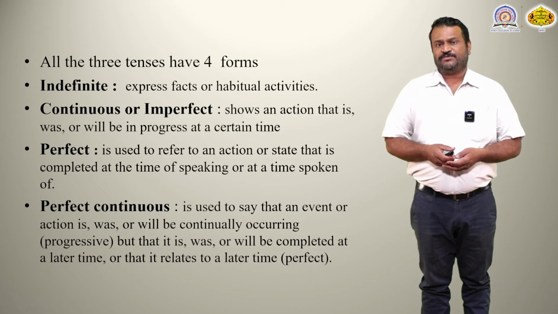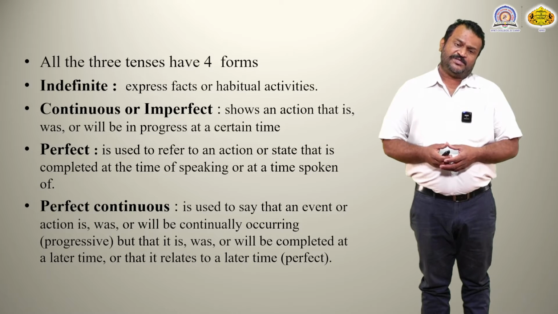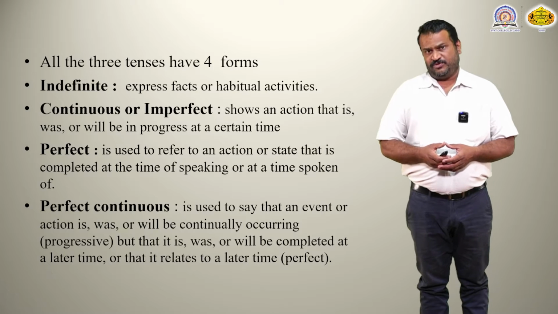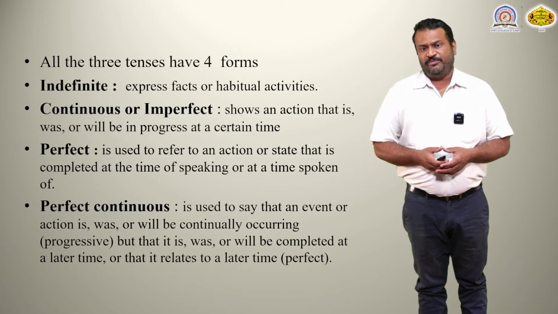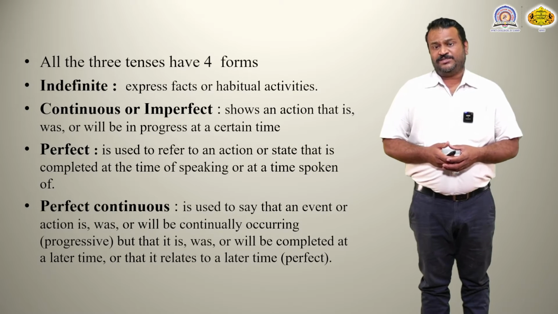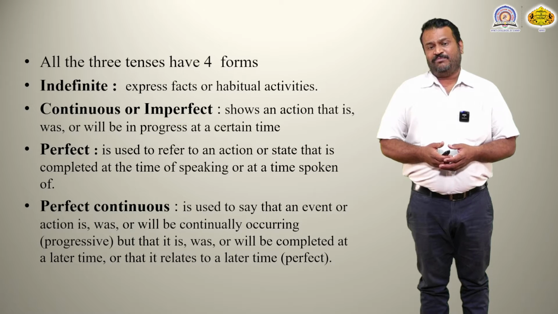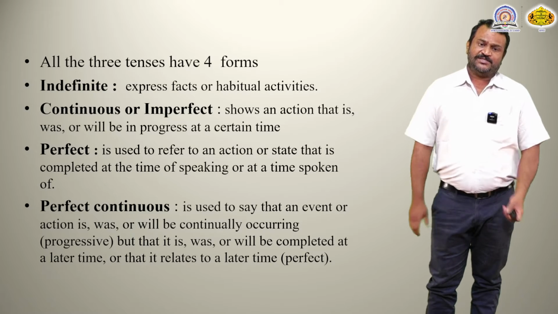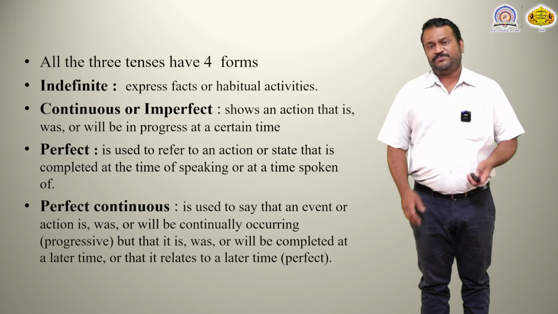Now this form of tense is used to say that an event or action is, was, or will be continually occurring, but that it is, was, or will be completed at a later time, or that it relates to a later time, means perfect.